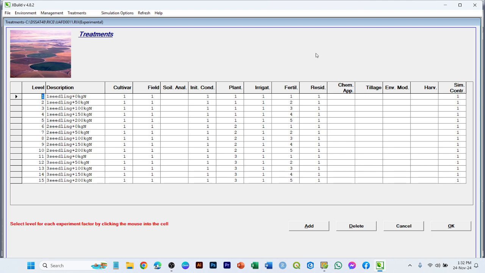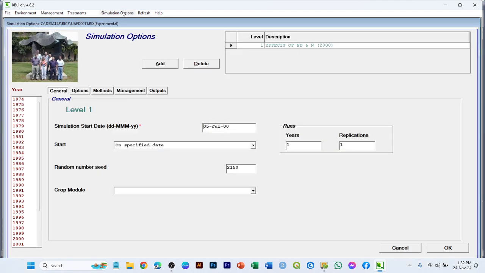So, simulation options. Next is simulation options. Over here, you have to tell the model when it has to start simulation. There are some experiments where you ask the model to simulate right from the vegetative stage, not from the planting stage.